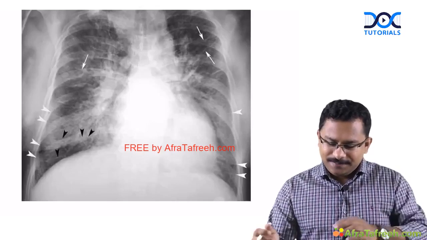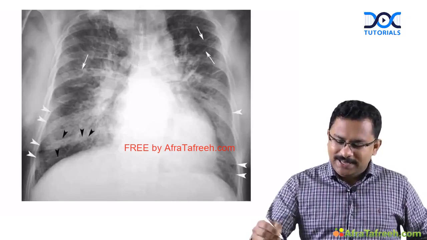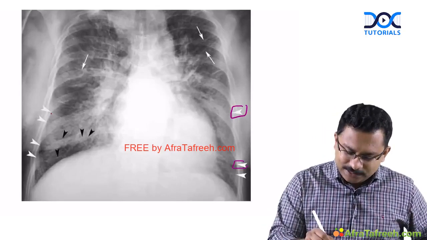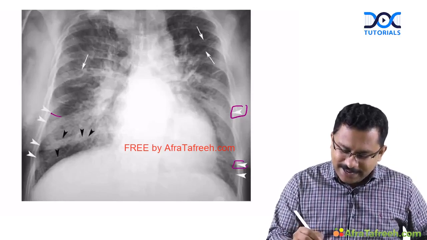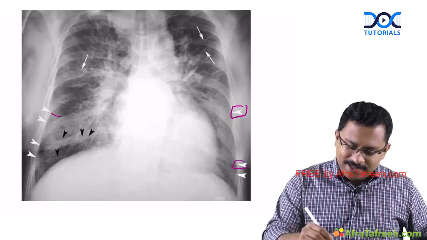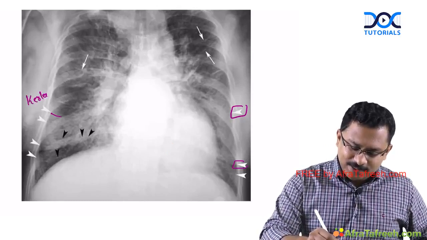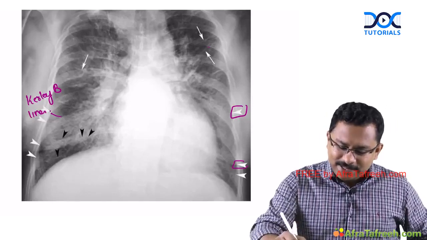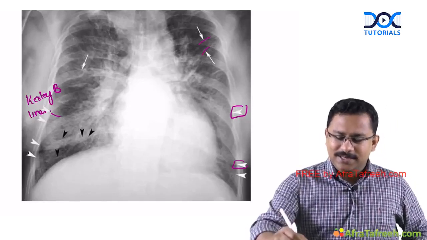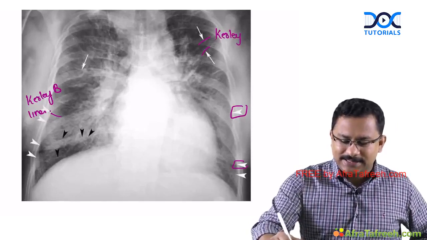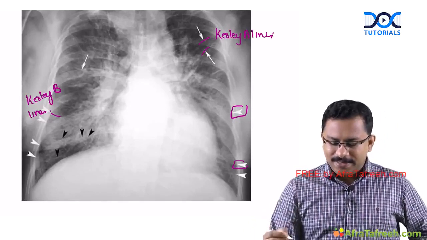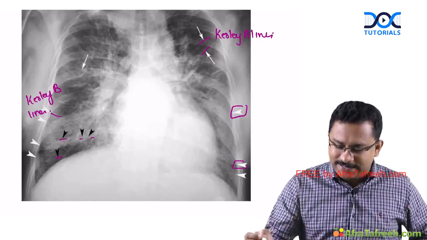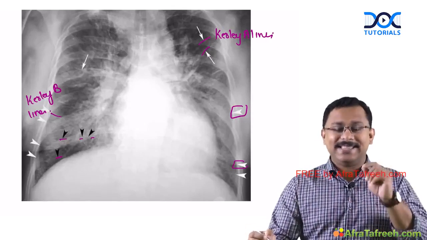Whatever you are seeing as the arrowheads here, these are the curly B lines, whereas these lines with these arrows are the curly A lines which run towards the hilum, and at the base, the arrowheads are pointing to the curly C lines.